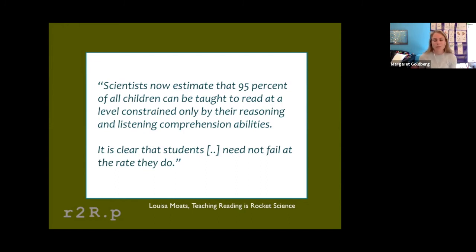The language comprehension side of things is where the harder work lies, because language comprehension sets the upper limit for students' reading comprehension. So when we have a vast range of background knowledge and vocabulary development in our students, we have to figure out a way to close that gap so that all of our students have strong listening comprehension abilities.